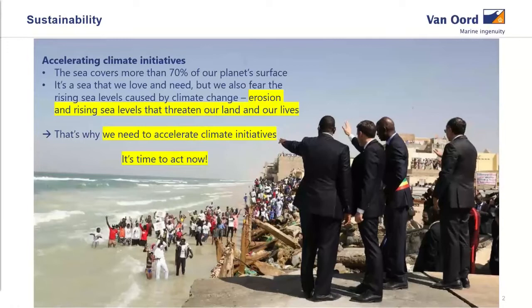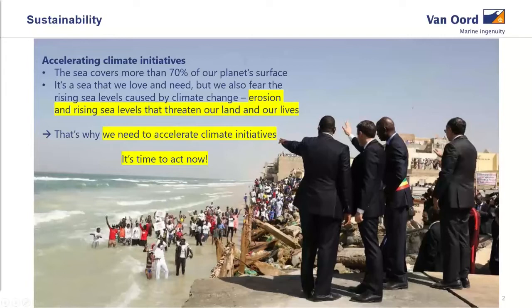Having a close look at the village of Saly, you can see that erosion has taken away quite an area of the coast, threatening land and lives, because people who live there have to move. People who work there still want to make a living. Think about the fishermen in this part of the world, but also tourism.